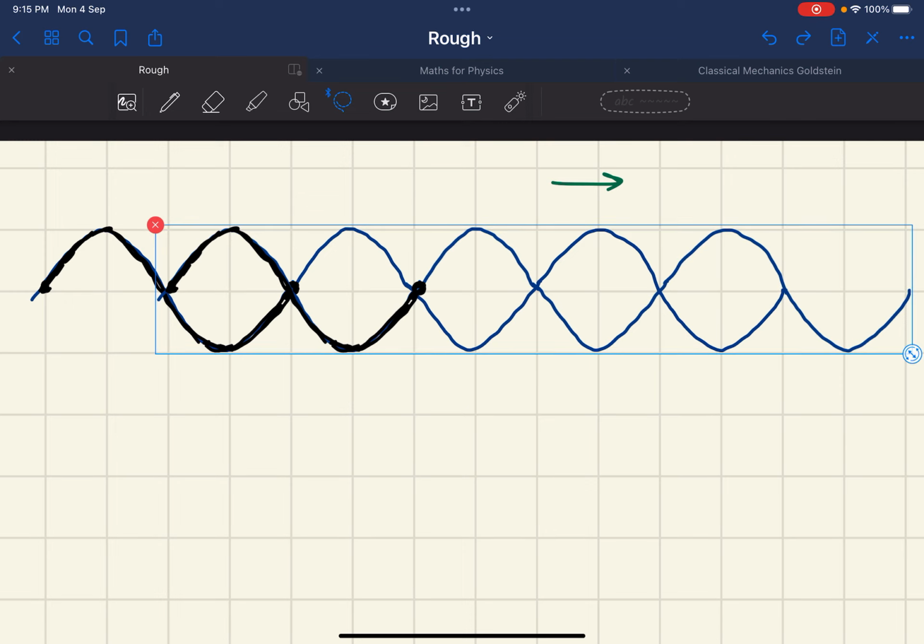Finally, if we want a pi over 2 radians out of phase, pi over 2 is a quarter of a whole cycle. So we move this wave a quarter cycle, a quarter wavelength along here.